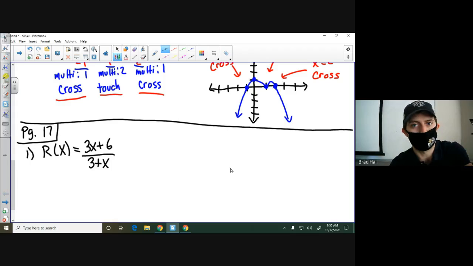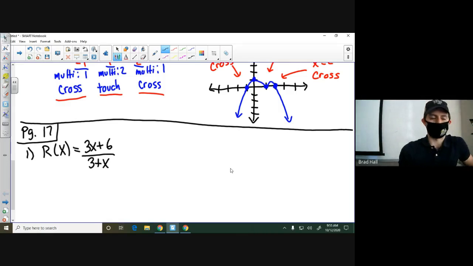Now, page 17 corresponds to not polynomial functions anymore. This pertains to what's called rational functions. From the video I explained on rational functions, it's a polynomial divided by a polynomial, as we see here in the construction of problem 1.